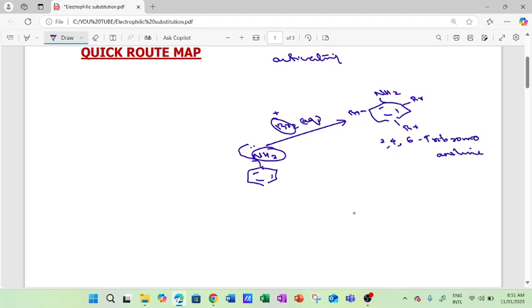As a result, nitrogen gives electrons to the benzene, so both the ortho positions and the para position become negative. It means they become electron dense, so the electrophile attacks all three positions equally. Because of this highly activating capacity, we get bromine in all three positions, a tri-substituted product.